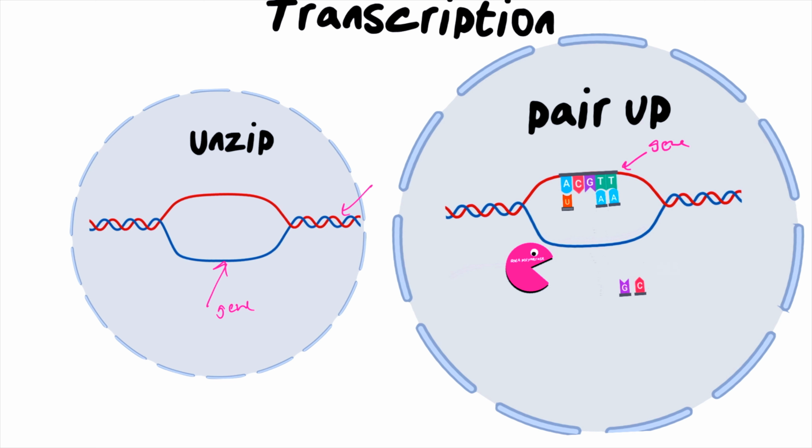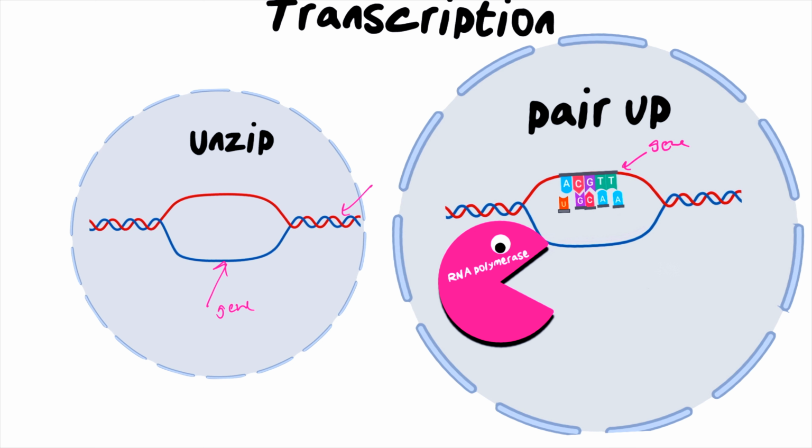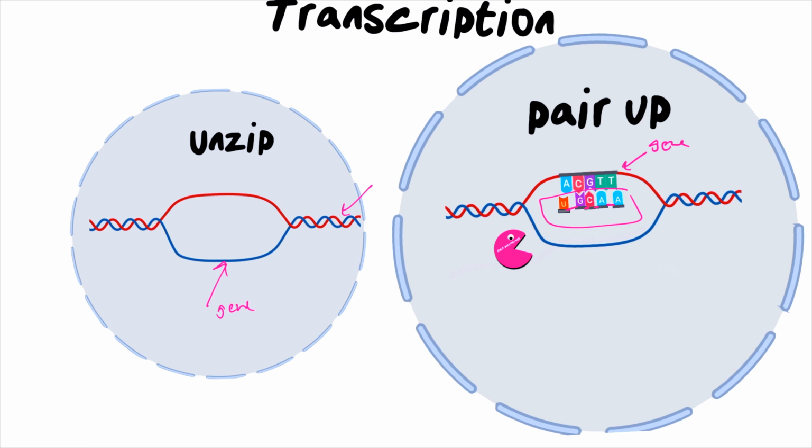Because we're writing in the RNA language here, C with G, G with C. That is not good enough because we still have to link up those adjacent RNA bases. So we have that RNA polymerase enzyme to do the joining part. We're going to link them up by the strong phosphodiester bond. And the end product is going to be called the messenger RNA.